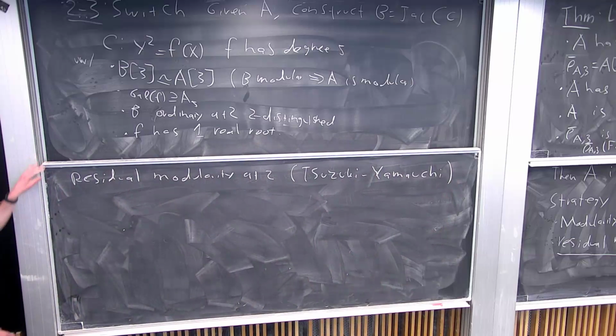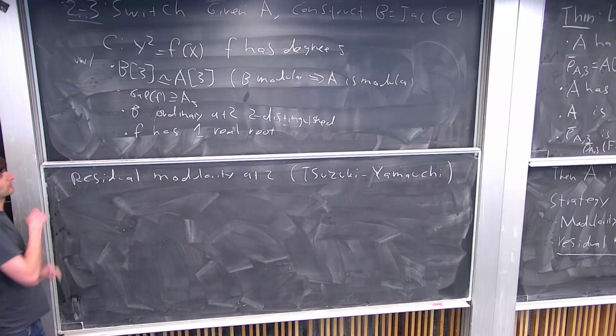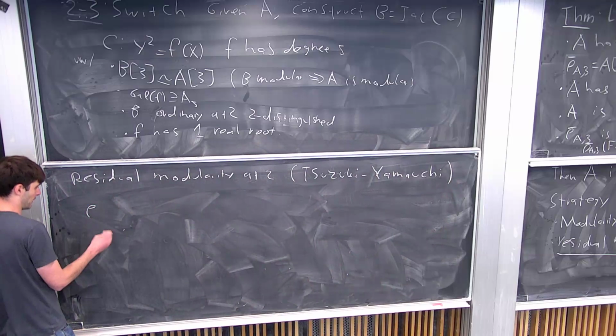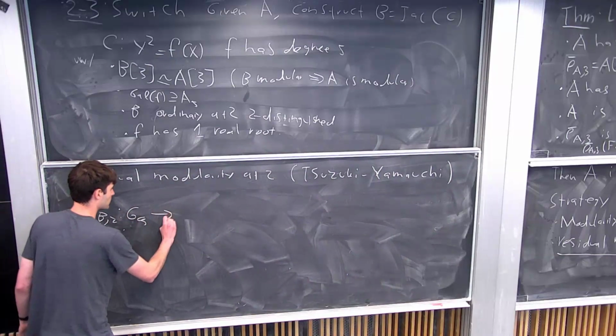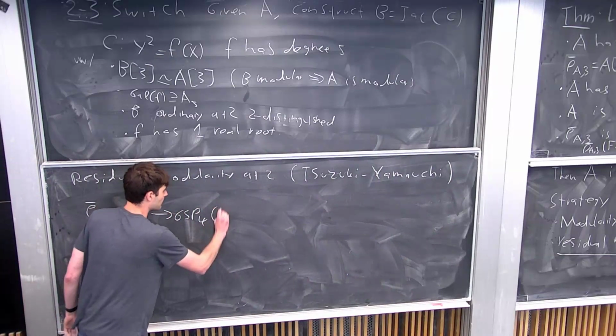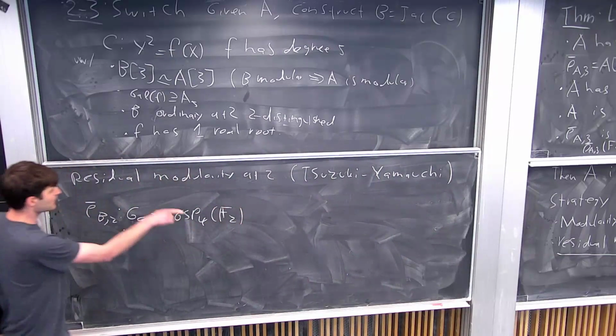So we're going to look at the 2-torsion representation of this abelian surface. And so we have the rho bar B,2 from G_Q to GSp4(F2). Well, what is GSp4(F2)?